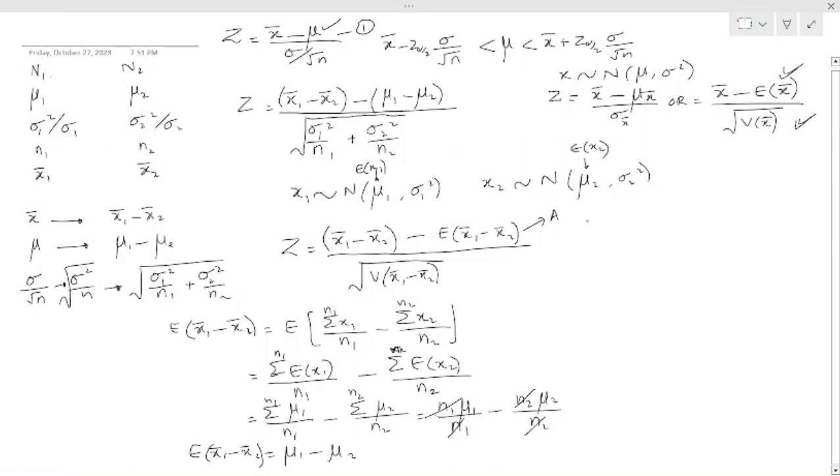Now applying the same thing and working out the result for the variance of x1 bar minus x2 bar, again this can be written down as n1.